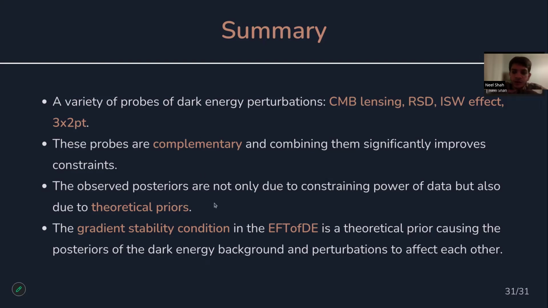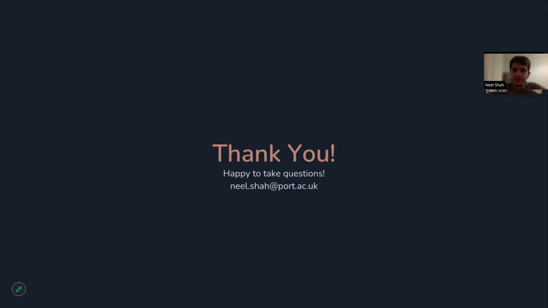I've also shown that our posteriors for these parameters don't only come from the constraining power of our likelihoods, but they also come from theoretical priors, which are due to the physics of the EFT of dark energy. Specifically, the theoretical prior that's relevant for us is the gradient stability condition, which couples the physics of the dark energy background and perturbations. So with this, I end my talk.